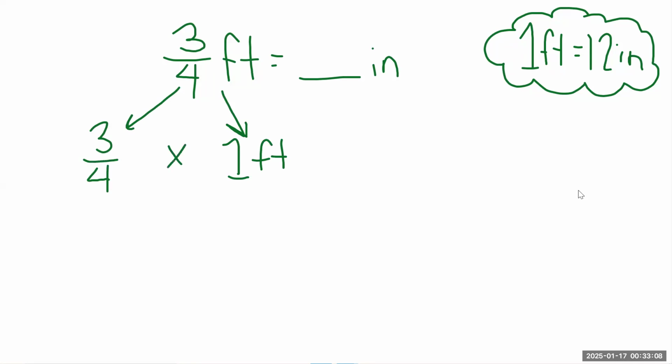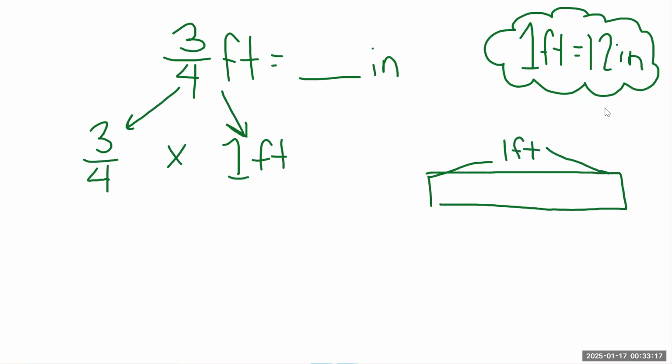As always, this basically means that I have something called a foot. And I broke it into how many pieces? How many pieces are we breaking the foot into? Good. 4. 1, 2, 3 lines make 4 parts.